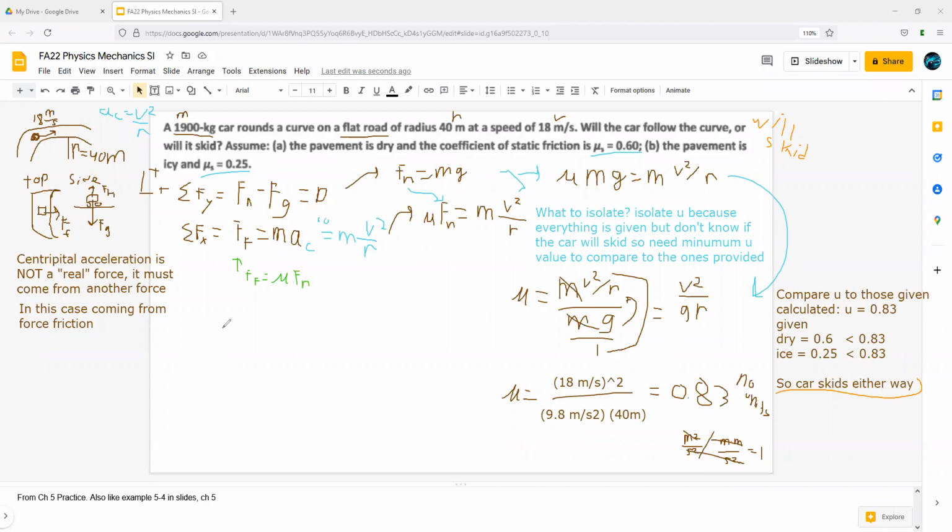I'm going to do a little tangent. If it's banked, then you have something like this. Here's your car. I know that's a really steep bank, but there you go. So then here you have mg, and you have your normal force helping.